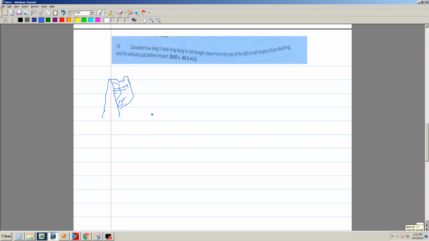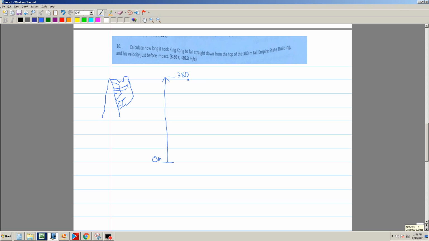So, okay, the ground is here, and we're going to say that that's 0 meters, and the height that he was at, we're going to say he was at 380.